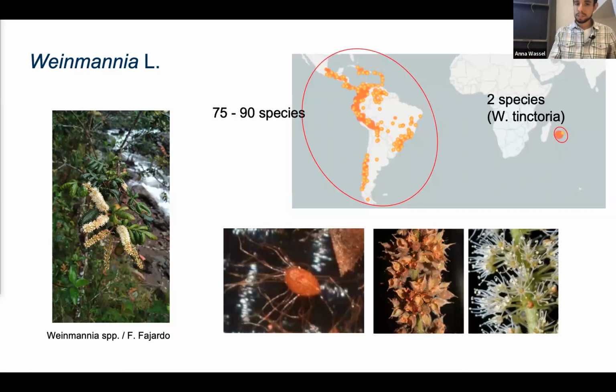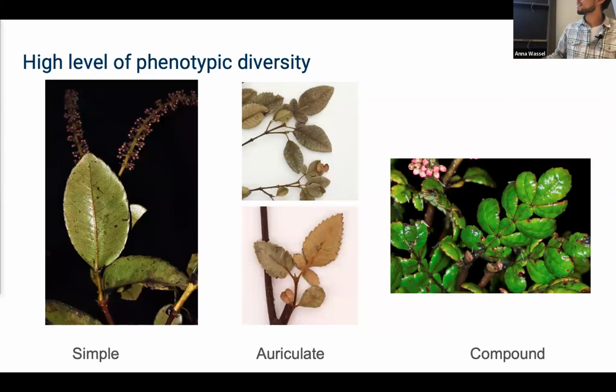Their fruits, as you can see here, are small, hairy, dust-like and easily dispersed by wind. They're characterized by a high level of phenotypic diversity, and particularly in the Andes, there are a lot of species.